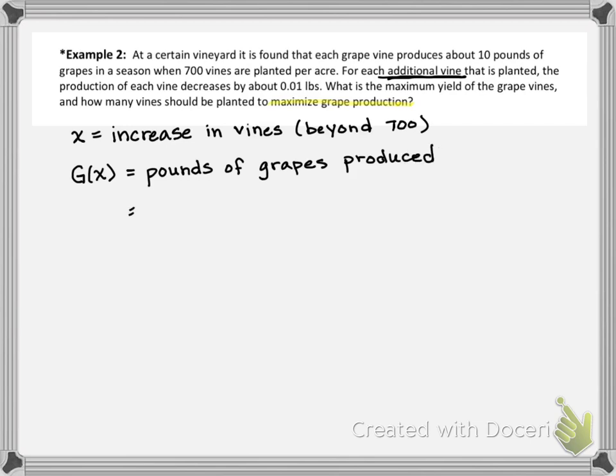Based on the type of information they're giving us, they tell us that each vine produces a certain weight of grapes, and then we talk about how many vines there are. So the pounds of grapes produced is going to be the number of vines times the pounds per vine.